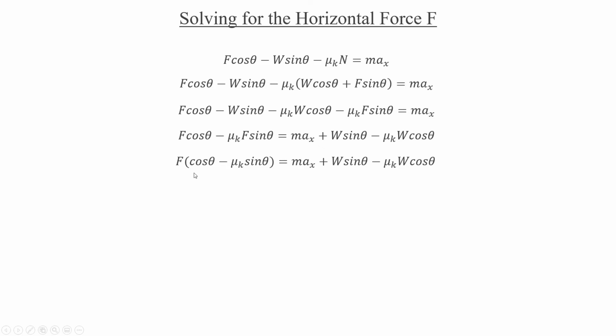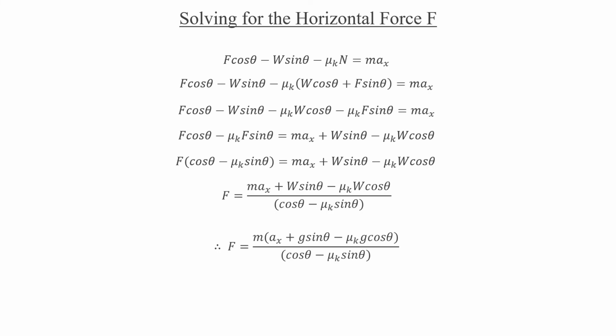And now we can divide both sides of the expression here by what's inside the parentheses, this cosine theta minus mu sub k sine theta. So now I have an expression for F, and if you really want to be a pro, you can go one step further and factor out one more thing, because we know that the weight is equal to mg, so we have m in every single term in the numerator here.